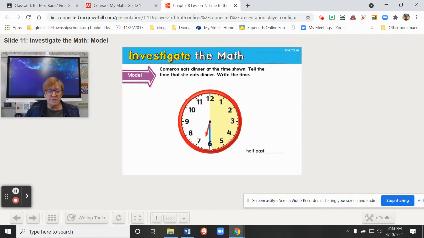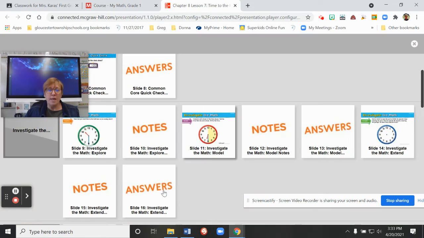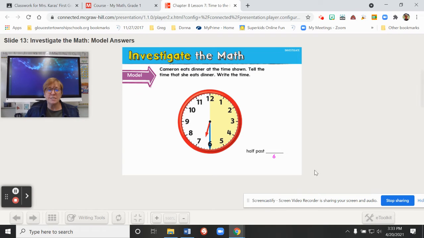So it was on the 6. It is not yet on the 7. So that time would be half past 6, meaning the minute hand is halfway around and it still was the 6. Okay, half past 6 o'clock is what that means.